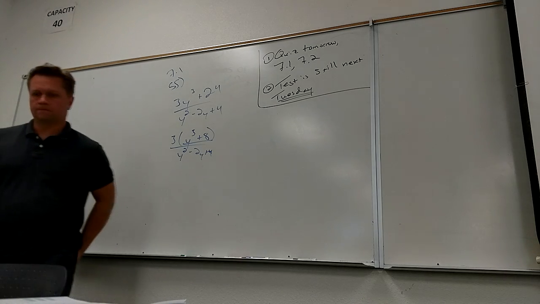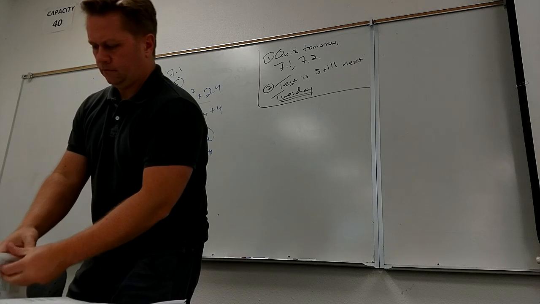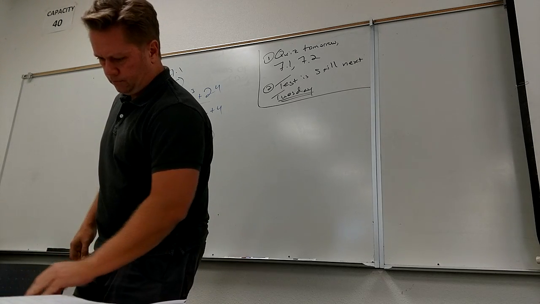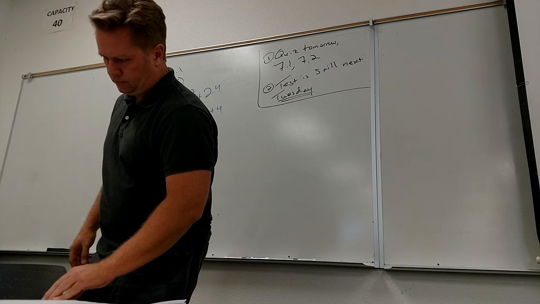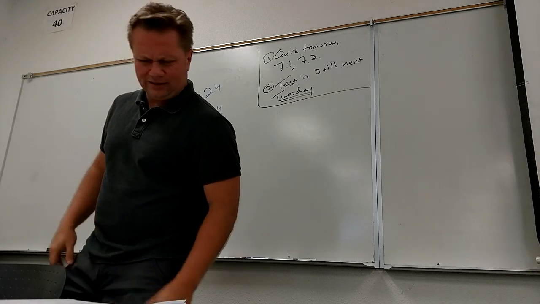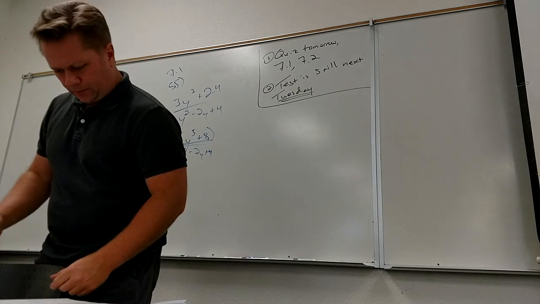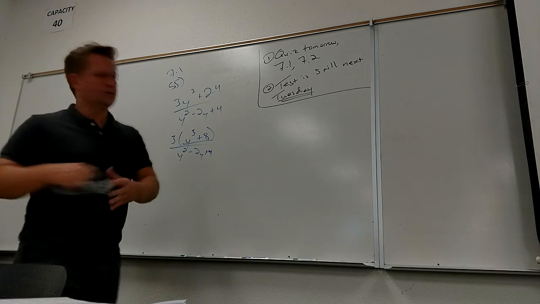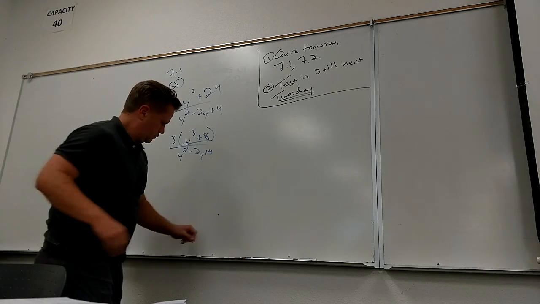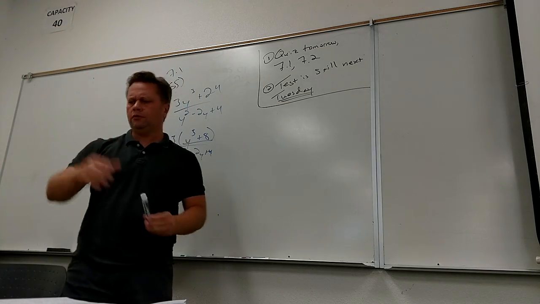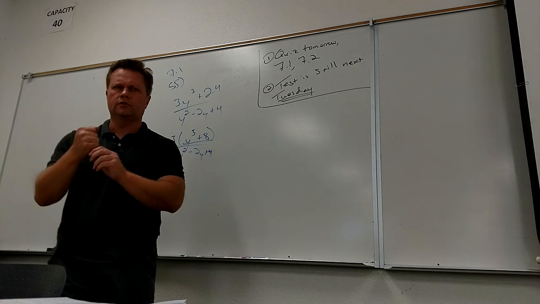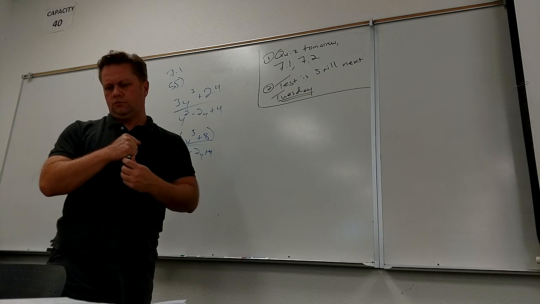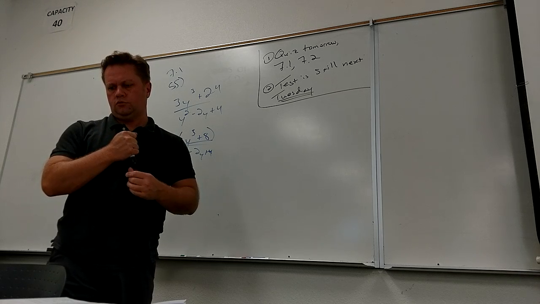Yeah. 7.3, 48. Oh, did I assign those? Oh, let's see. So we have the homework sheet right there. What was the assignment for 7.3? 7.3 was page 526, 5 through 35, every fifth one.